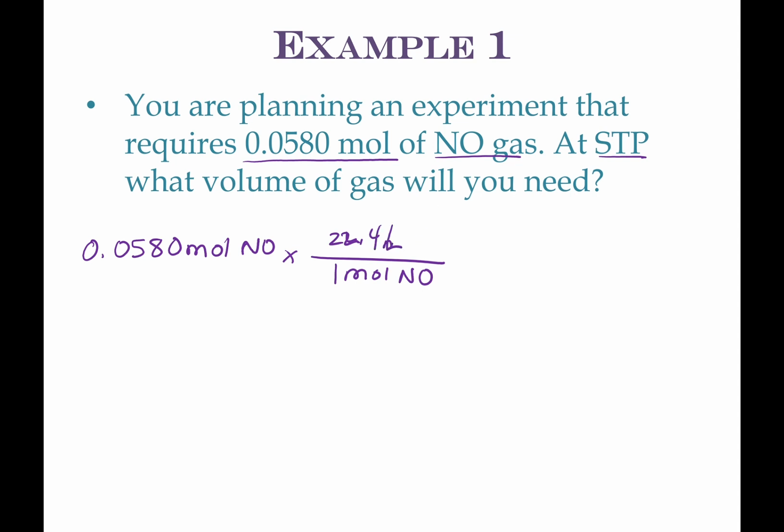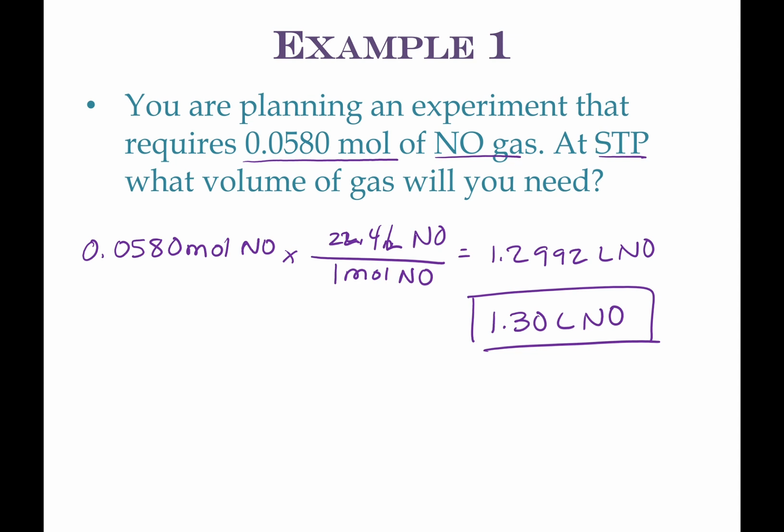Okay, I can write of NO. So I'm going to take the 22.4 and I'm going to multiply by 0.0580 and I get 1.2992 liters of NO. Three significant figures, I get 1.30 liters of NO. That's what I need to measure out. That's what I need to use in the lab. I can't measure moles. I have to have this a measurable quantity so I can go between moles and volume for gases by using molar volume.